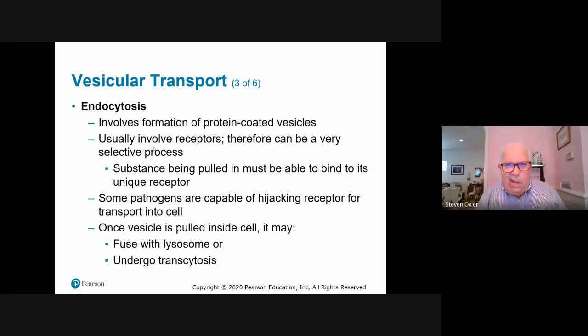So if you have no insulin or a low amount of insulin, that means you're diabetic. That means your blood sugar in your blood plasma, which is extracellular fluid, will be very high. The normal blood sugar is between 70 and 110.